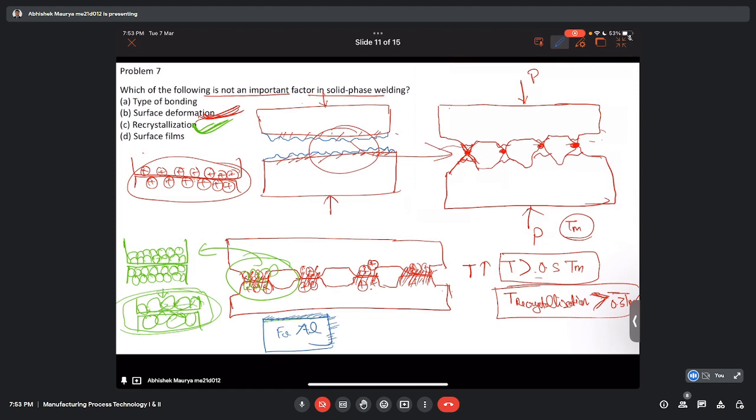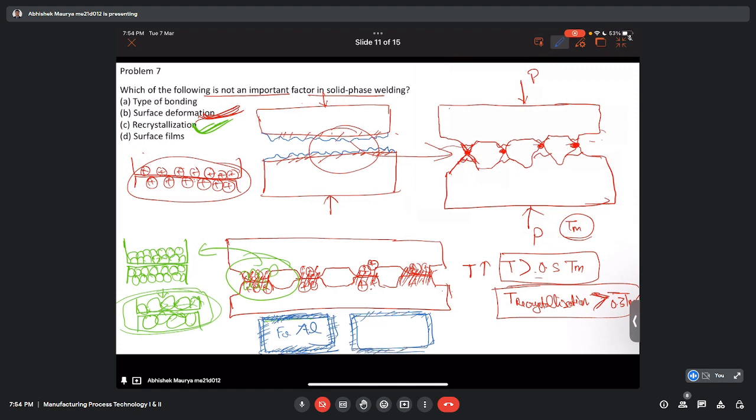Because of oxidation, they form an oxide layer on their surface. So there is an oxide layer present on all kinds of metal. So if we want to join these two metals with an oxide layer, we will not be able to join them.